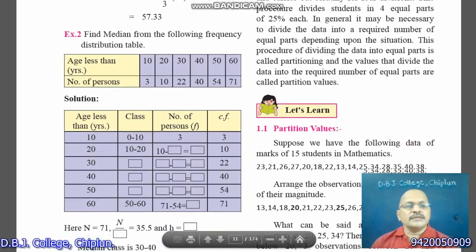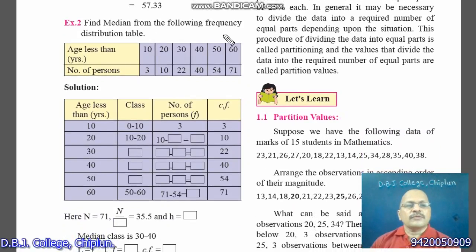The next one is: find the median from the following frequency distribution table. Age less than 10 years, number of persons 3; age less than 20, number of persons 10; and so on. Age less than 60, number of persons 71. So here only the cumulative frequency is given to us, and from this we are going to find the class frequency table.